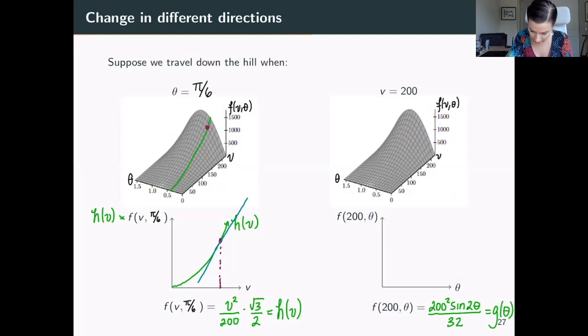And I know that according to my picture here, I've got a nice trace when my v is equal to 200. And my function, again, rather than being two variable, is a single variable function, g of theta. Again, I can graph what this looks like. It looks something like this, where I'm going to try to make this look a little bit nicer.